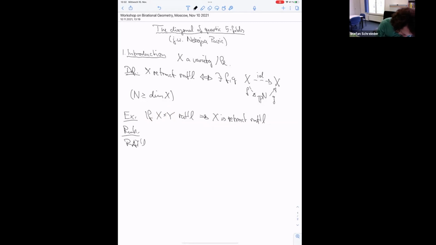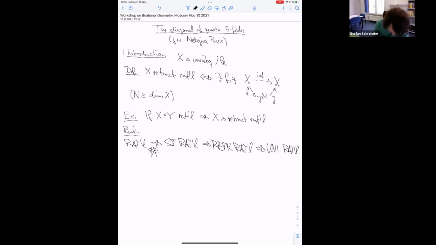So rationality implies stable rationality implies retract rationality. And this implies unirationality, simply because this map here has to be dominant. So there is a dominant map from Pn. And right, so here the opposite is not true.